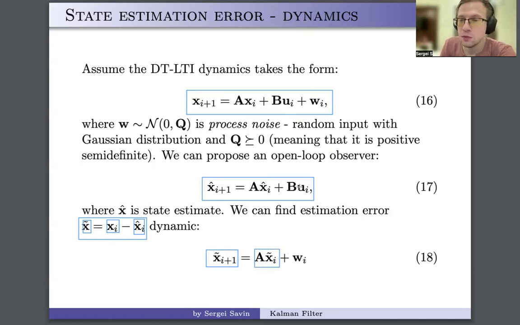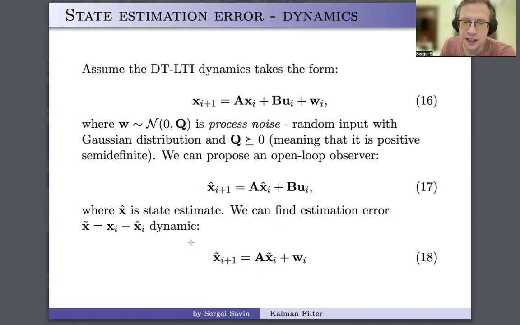Bu minus Bu, giving us 0. And omega minus 0 gives us omega. So we can see that the estimation error, in this case, would act this way: the next estimation error would be equal to the previous estimation error multiplied by A plus a random variable. Okay, so far, I think understandable, right?